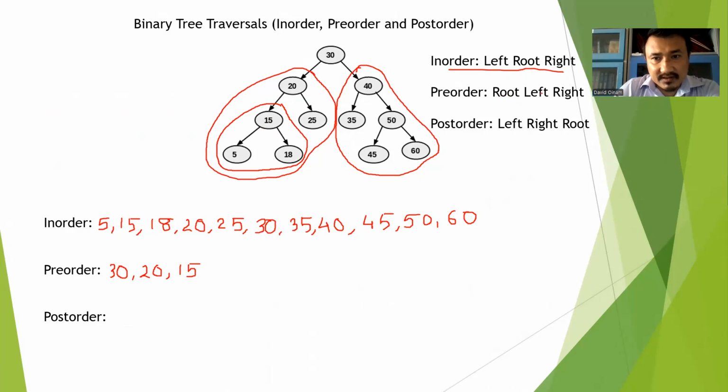Then root, left, right. 15 is the root node. Then we have to move again to the 5. This is the left child, and it is also a leaf node because there is no more child after 5. So root is completed, 15 we have written. Left is 5, we have to write 5.